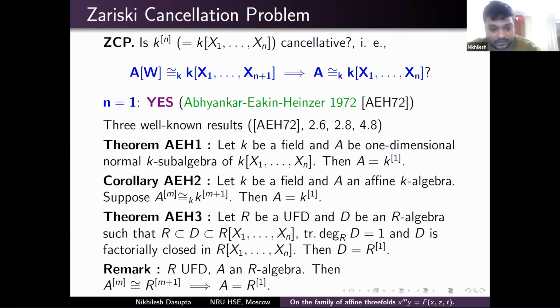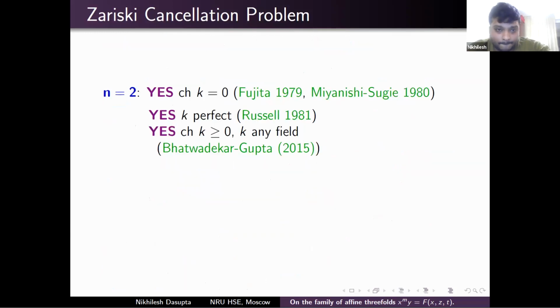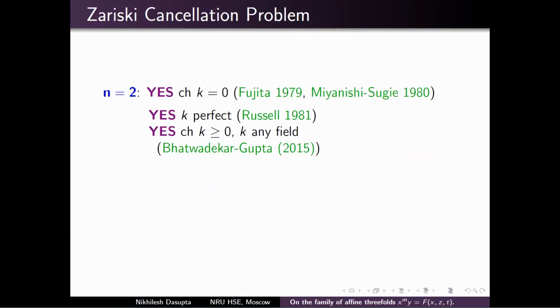When I say D is factorially closed in R[x1, x2, ..., xn], I mean that if I take two elements alpha and beta from R[x1, x2, ..., xn], and their product is in D, then individually both those elements alpha, beta have to be in D. That is the definition.